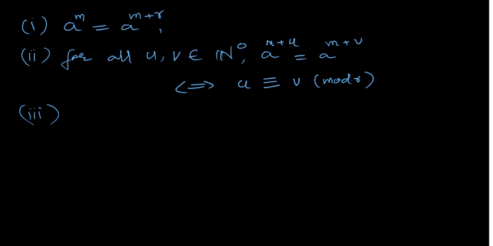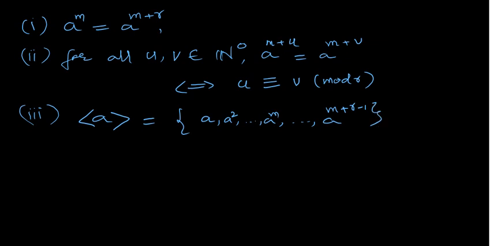And third part, in this case, the monogenic semigroup generated by A is equal to A, A square, and so on up to A power m plus r minus 1. It's finite because we have a repetition in this case.